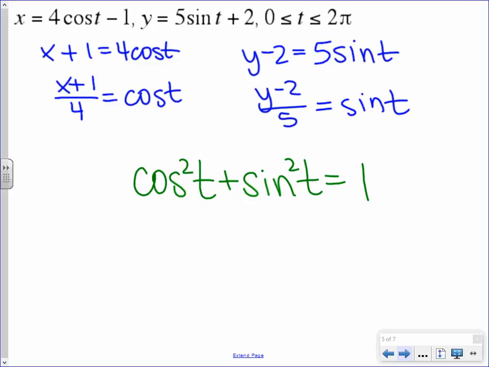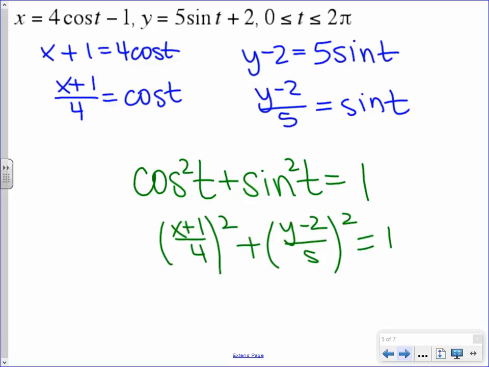So if cosine squared plus sine squared is 1, then wouldn't that mean (x plus 1) over 4, squared, plus (y minus 2) over 5, squared, equals 1? What do we have? Something that'll work.